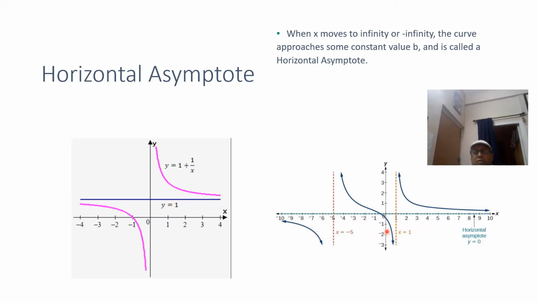For this curve also a horizontal asymptote exists. The horizontal asymptote in all cases we will find by using this formula: when x is tending to infinity or minus infinity, the curve will approach a constant value, and that constant value when compared to y will give us the horizontal asymptote.